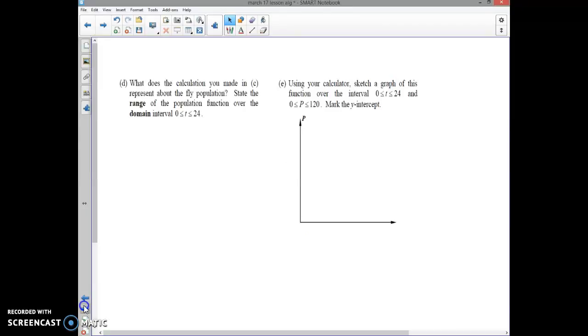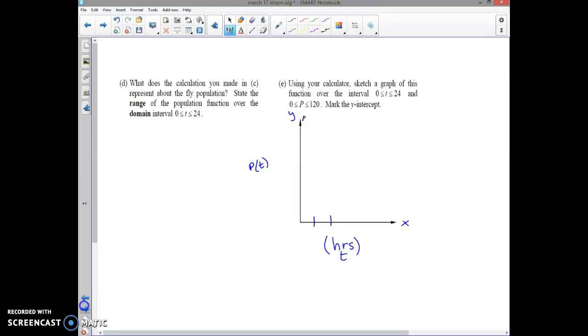It's asking us to sketch a graph over the interval of hours, which is really our t or x. It's the x-axis and the y-axis, but they're talking about P for population and t for time. So it's asking us to go 0 to 24 hours.